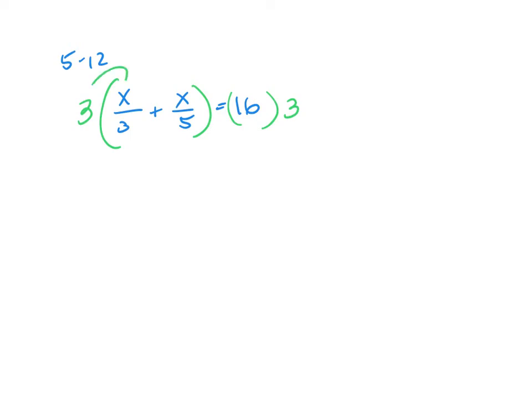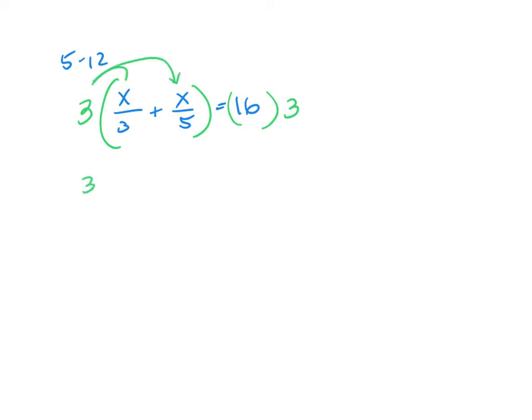Okay, so 5.12 says this. What if I have an equation that looks like this? What do you think I should do? What if I multiplied by 3 on both sides? Let's just see. If I multiply this side by 3 and this side by 3, then again, using the distributive property, I multiply each term by 3.